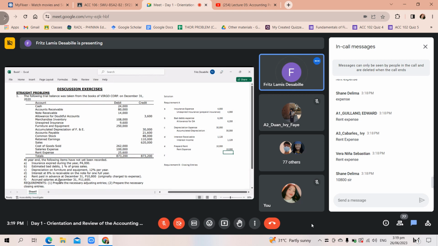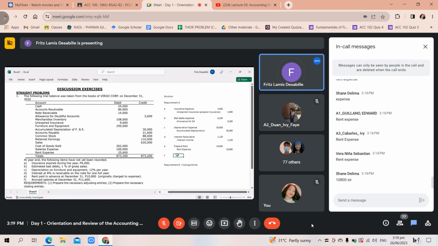Oh no, sorry. It's additional, no? Additional salaries, because it's accrued salaries. So yeah, my explanation was wrong. So accrued salaries, actually, this 100,000, we add 11.6 to salaries expense. So I'll just make the entry.